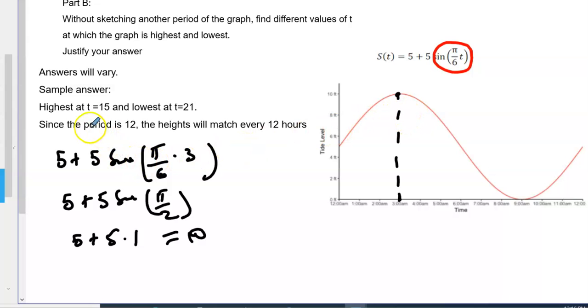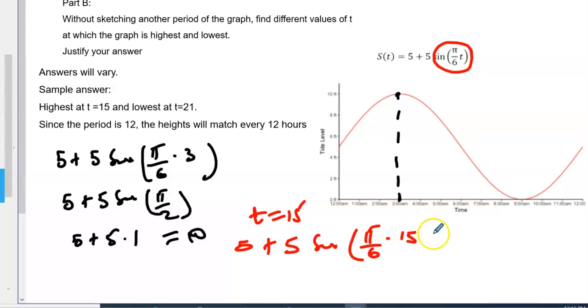And if you put t to be 15, you are going to get 5 plus 5 sine pi on 6 times 15, which is 5 plus 5 sine of, 3 goes into 15 five times, and 3 goes into 6 two times.